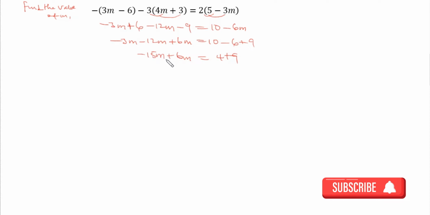So minus 15m plus 6m gives you minus 9m. And then 4 plus 9 gives you 13. 13 divided by minus 9 because we are finding m. So we divide by minus 9. So we have our m as minus 13 over 9. This is our answer for this question.